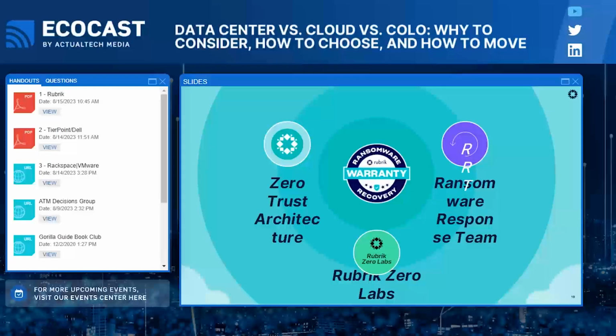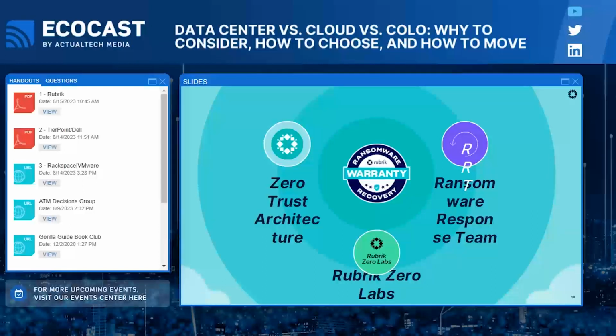Last thing I'm going to leave you with here is a shout out to a couple of teams within Rubrik. That's our ransomware response team. This didn't format properly, so my apologies. That's our ransomware response team and our Rubrik Zero Labs. Our ransomware response team are a group of really skilled support engineers that are at your beck and call if you were to be impacted.